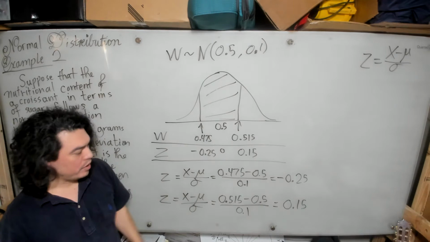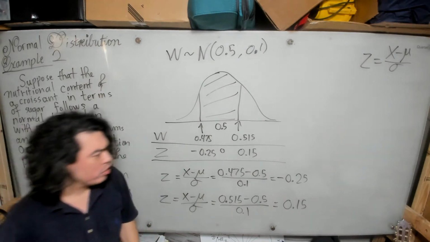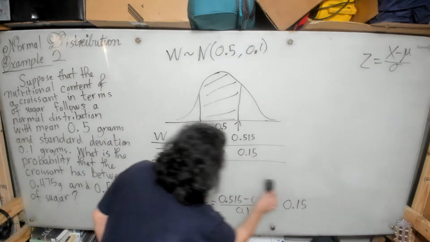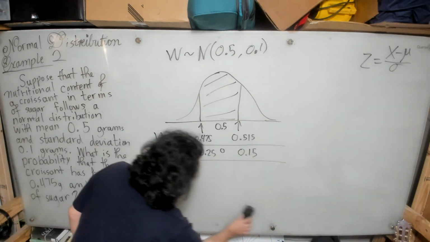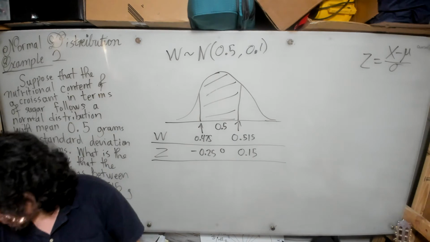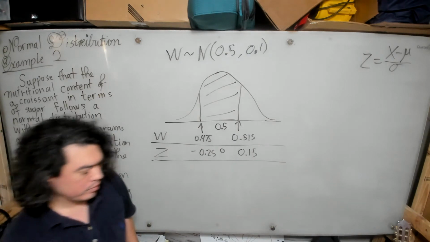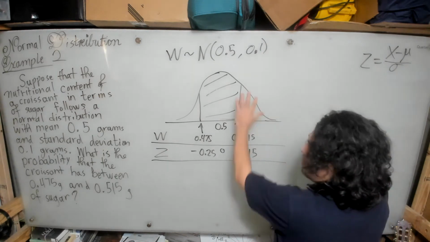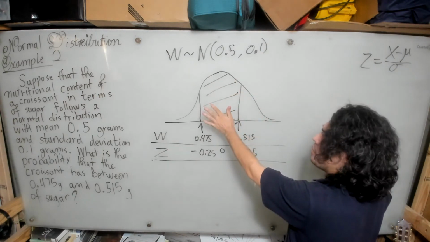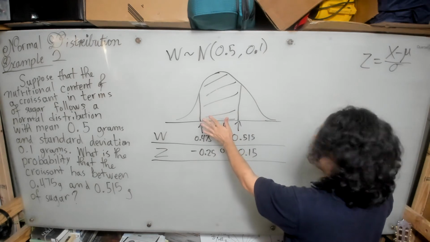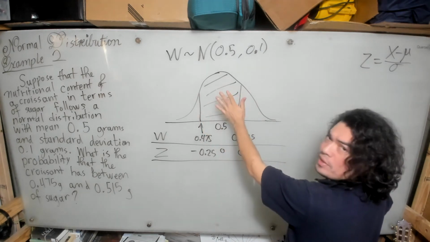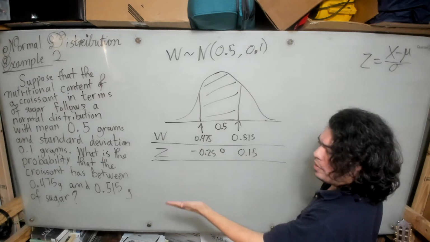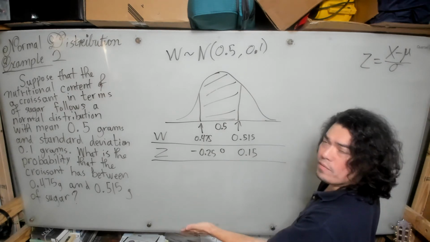sugar amounts. Okay? So now, let me restate that in terms of some notation here. If I'm talking about this here, I know that what I'm looking for is this area, because this area represents the probability that the croissant sugar quantity will be between 0.475 and 0.515.